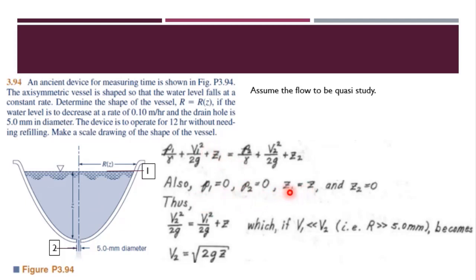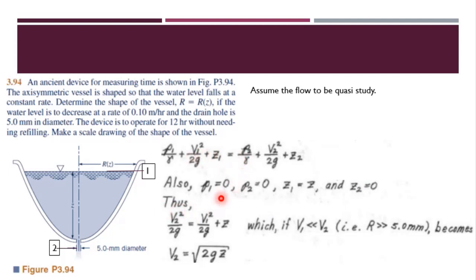The height Z1 we take to be equal to Z, which is unknown to us, and we take point 2 to be datum, so Z2 is equal to 0.